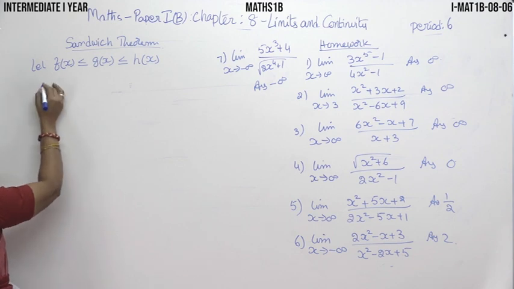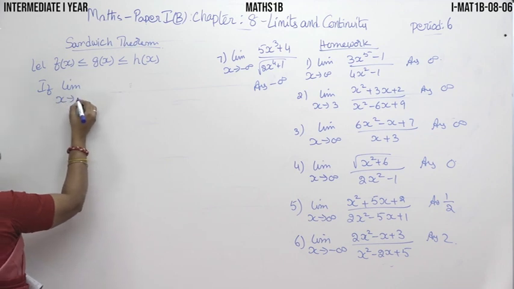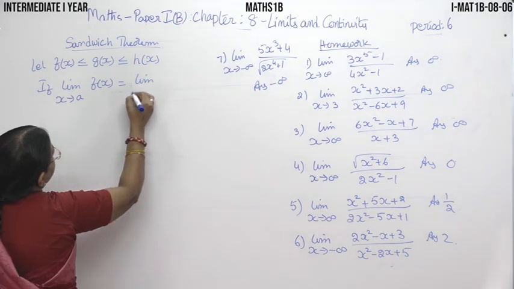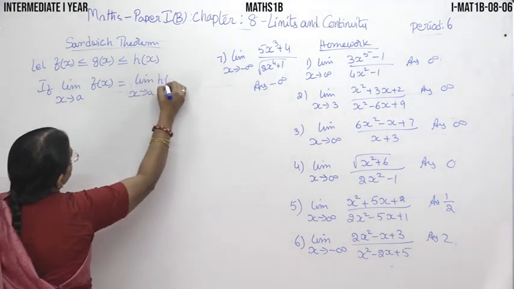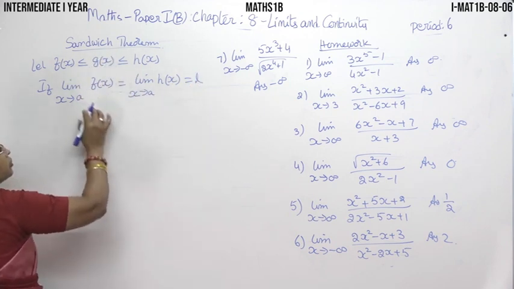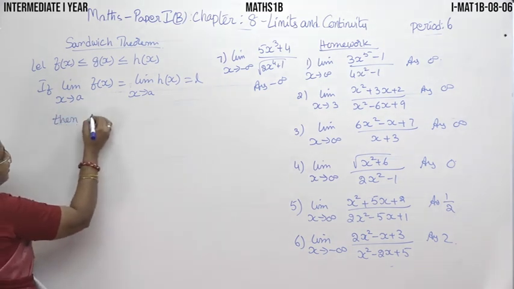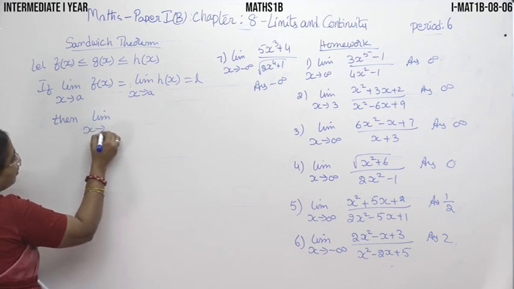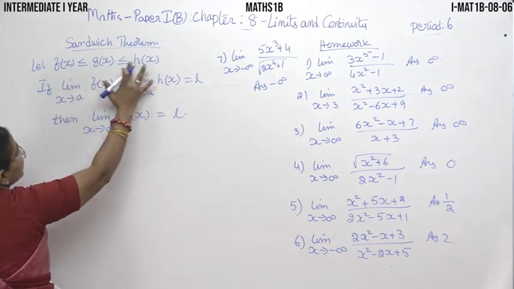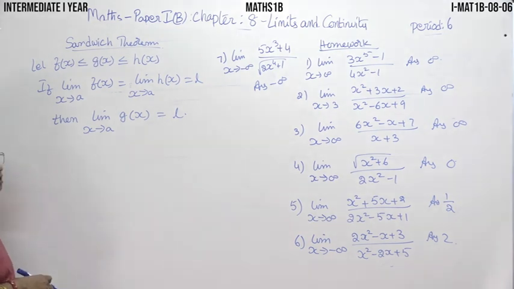If limit x tending to any a of f of x is equal to the limit x tending to a of h of x is equal to L, if these two limits are same, then this limit should also be equal to that value. Then that is the theorem: limit x tending to a of g of x is also equal to L. If the limits of these two are equal to L, then the limit of the middle one is also equal to L. That is the sandwich theorem.